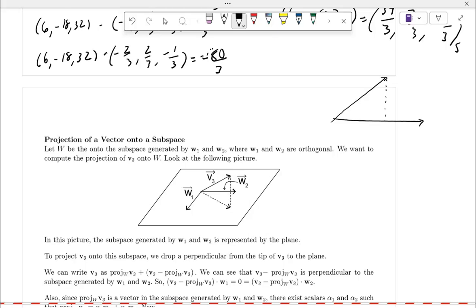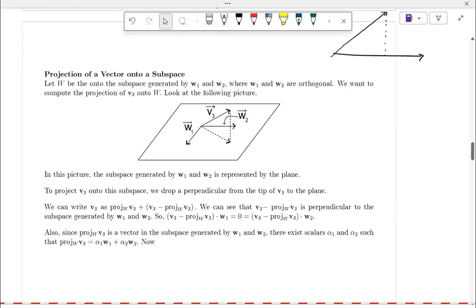So this dotted vector here that I see that I've drawn between W1 and W2, that vector would be the projection and it would be orthogonal to this thing sticking up. Okay? All right. So the idea is, how do I get the coordinates of this V3 with respect to the W1 and the W2? Just like we did in the previous example, okay? So that's our goal here, all right?